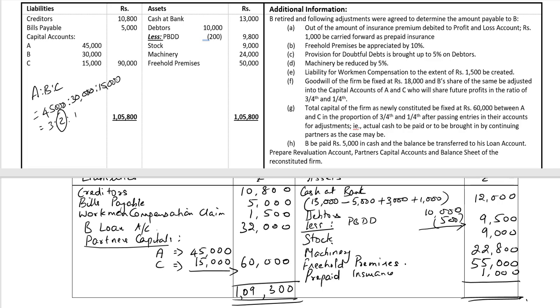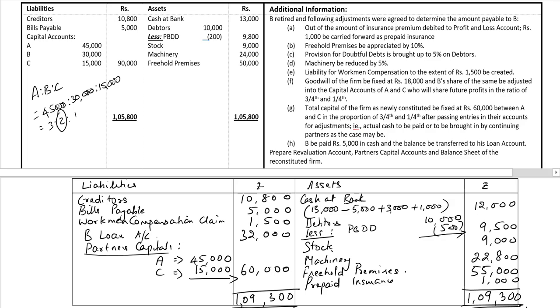Liability side total 1,09,300 rupees. Asset side also totals to 1,09,300 rupees. So this is the balance sheet.